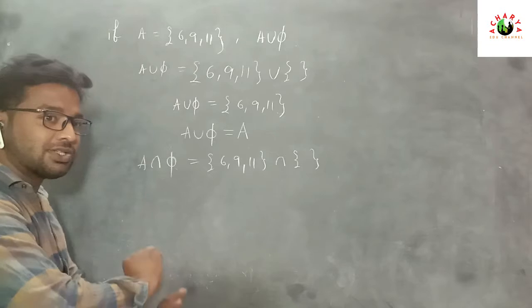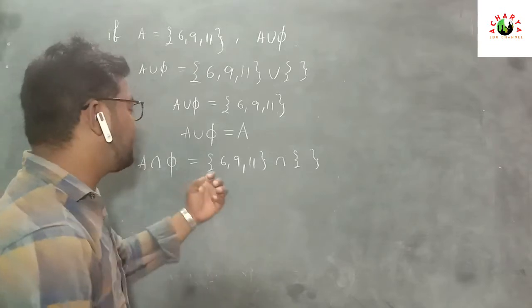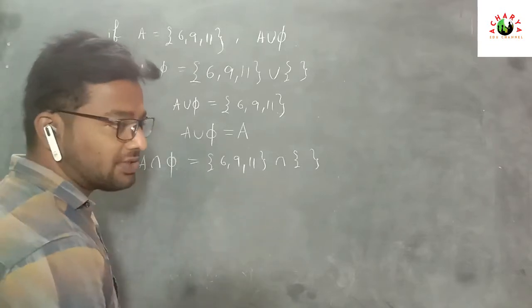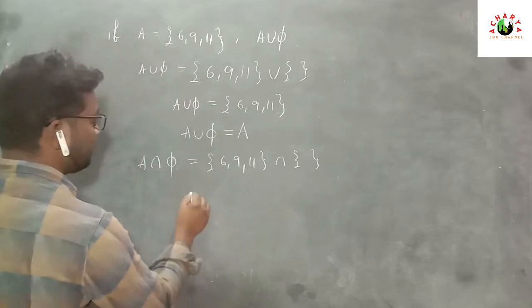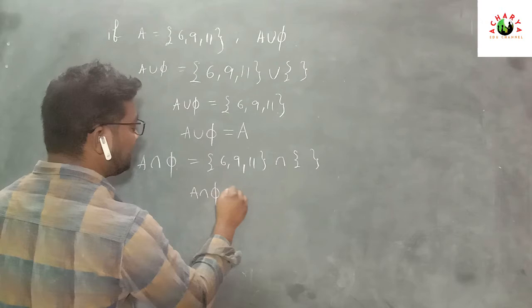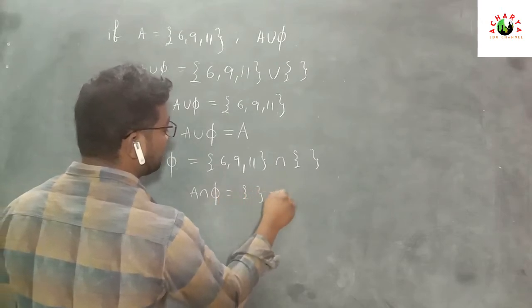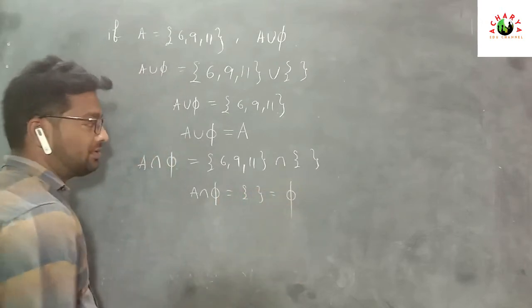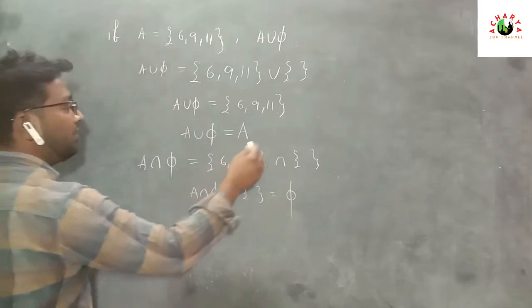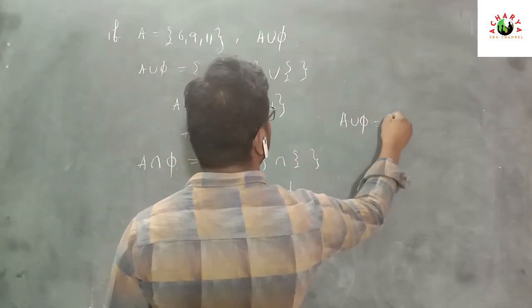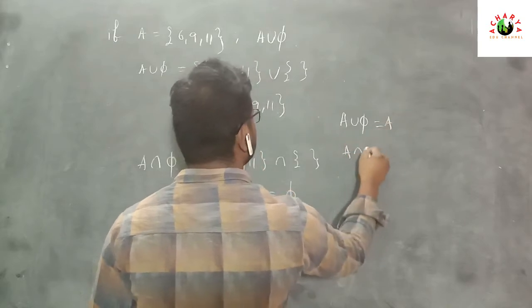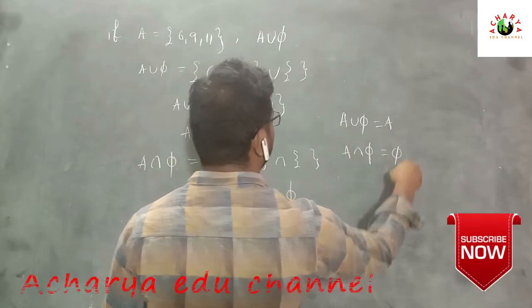There are no common elements of set A and phi. No common elements means it is represented by the null set. So A intersection phi is equal to the null set, phi. Just remember it: A union phi is equal to A, and A intersection phi is equal to phi.